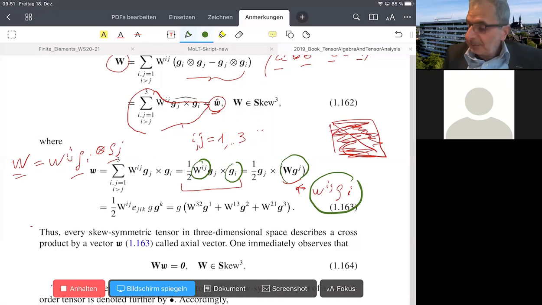Can be useful. Another representation can be gotten here also if we use, you remember, for this vector product of basis vectors, we can use another formula, namely with the permutation symbol, which is given here. And you see that we can represent this formula also in another way.